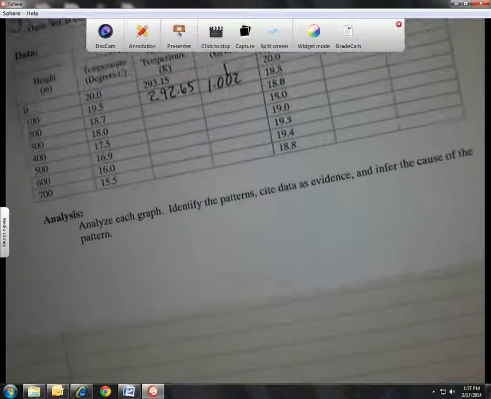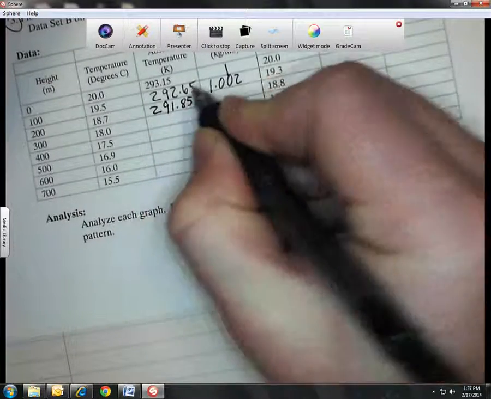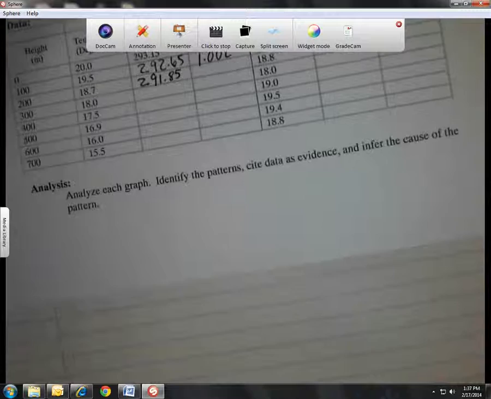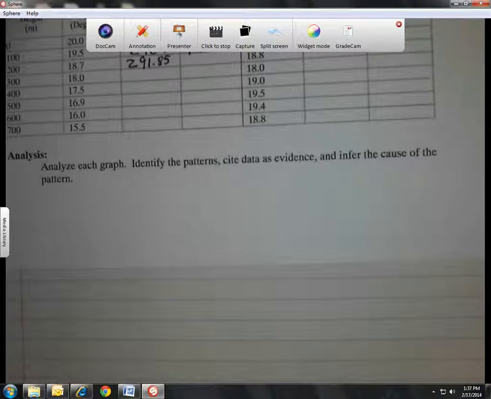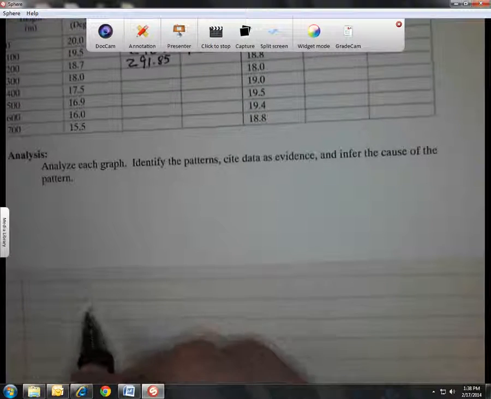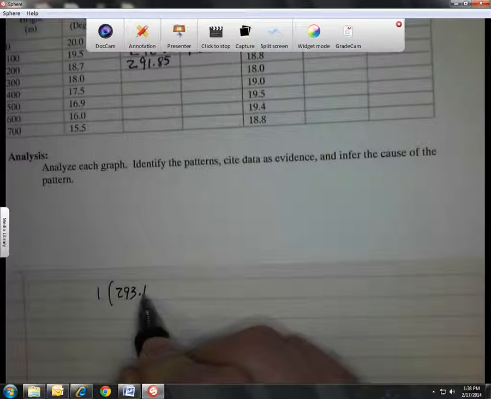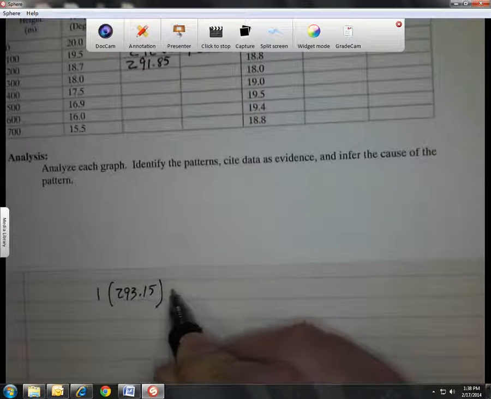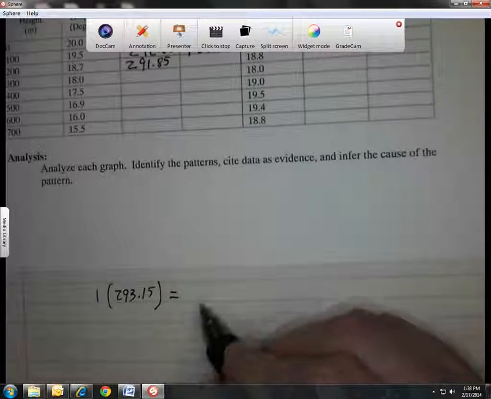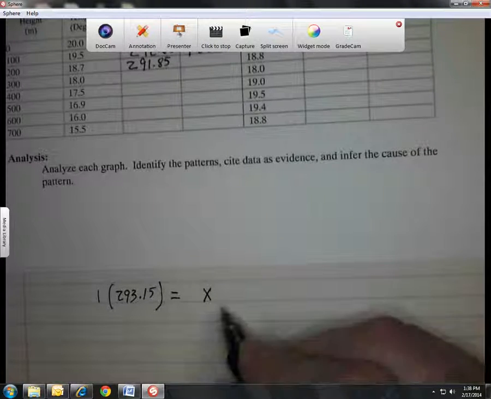And then to find that density at 200 meters, we know we've got 1 times 293.15. That's our height and temperature at ground level. That's going to equal the density at 200 meters that we're solving for, times our absolute temperature that we just solved for, which is 291.85 at 200 meters.